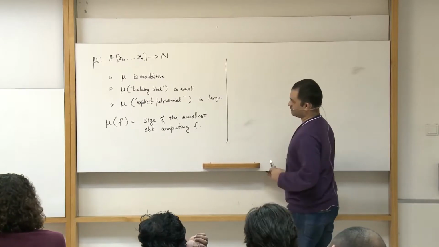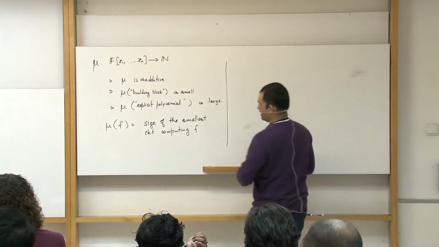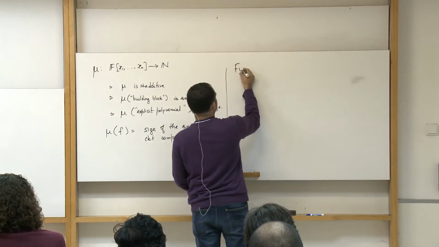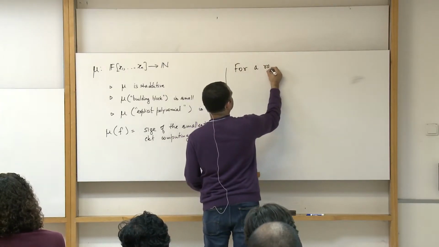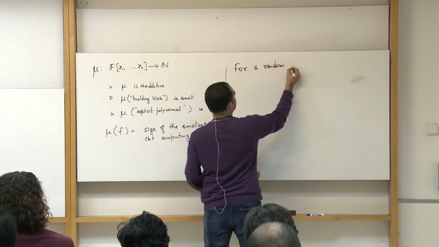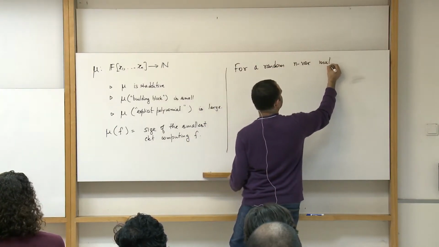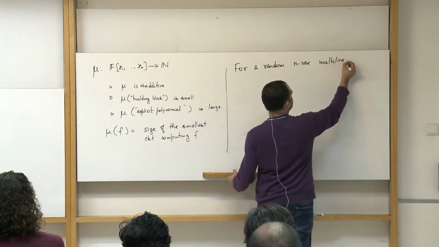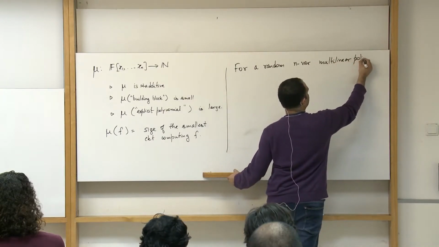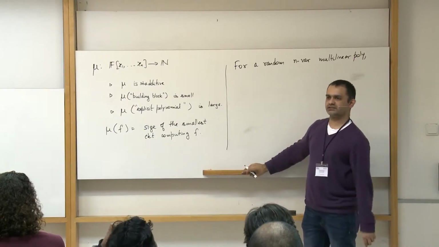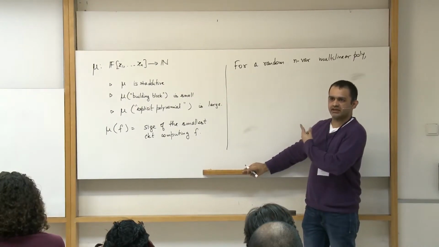Now it will become important to keep track of what sort of parameters we are dealing with. For a random n-variate multilinear polynomial, I want to know how large I expect this to be. This is the thing that I'm trying to beat.